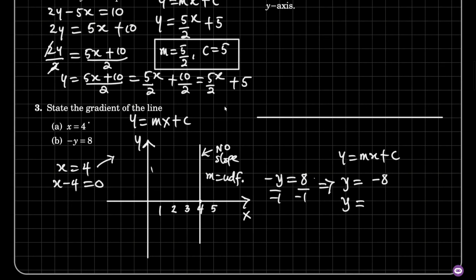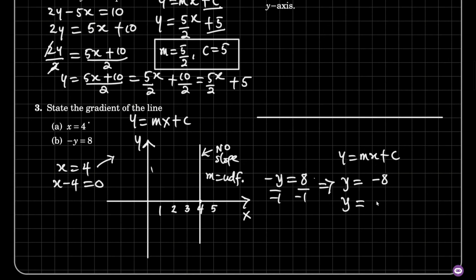If you notice the example we had up here, the c that is equal to 5 works only with the fact that c is the intercept and 5 is a constant term. So for y equals minus 8, c is equal to minus 8, which is a constant term. But it seems as if your mx is missing.